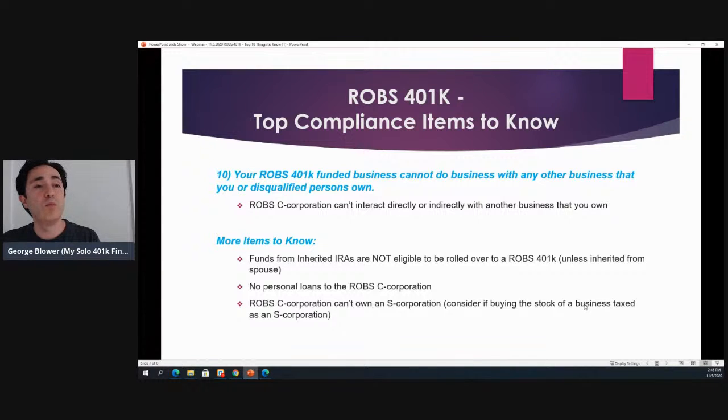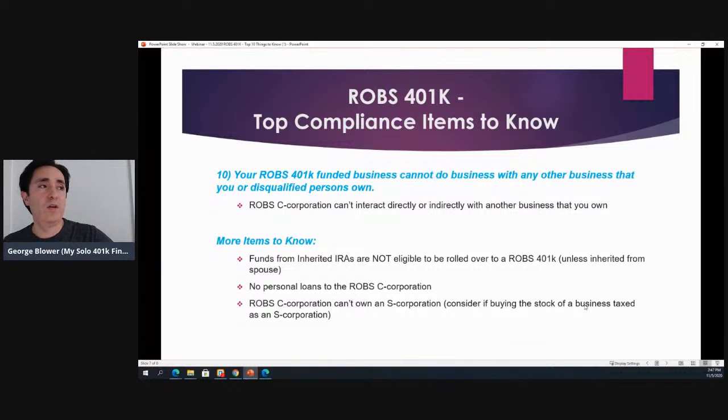If that farmer set up a ROBS C Corp, rolled over money, funded the C Corp, started the ice cream business, but then wanted to have that C corporation buy milk from his dairy farm, that would be prohibited, because that would be a transaction between the C corporation and another business that he owns in his own name, his farm.